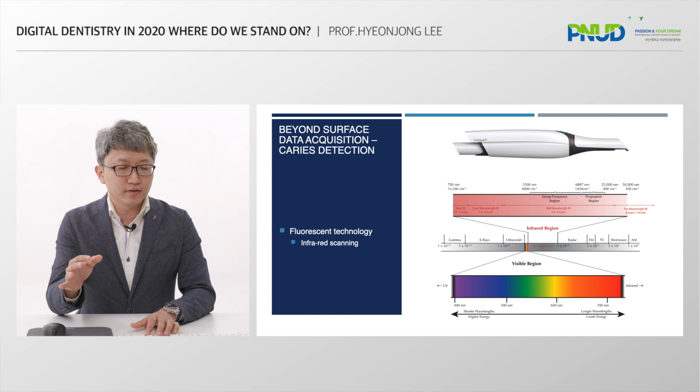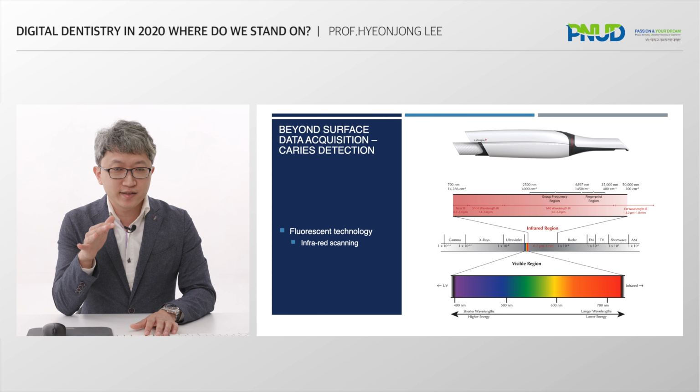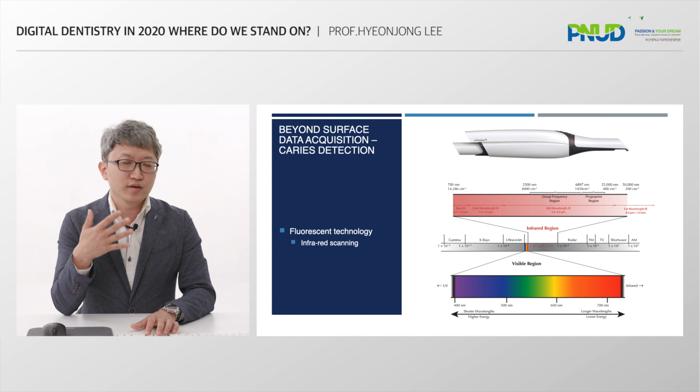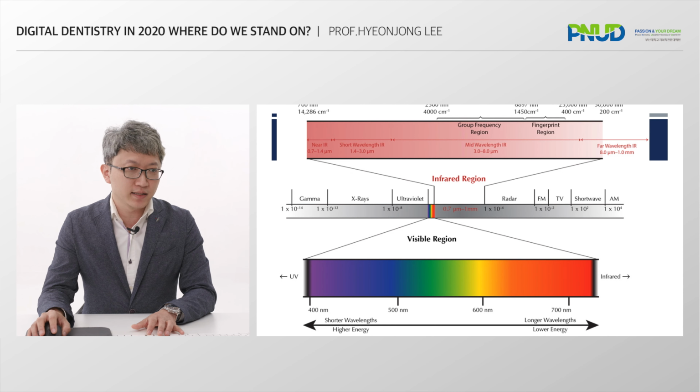And after a few years, I think we can penetrate the gingiva to scan the subgingival margin or to scan the alveolar bone, where the defect would be. Yes, it's really a key point of development of the intraoral scanner. Many other companies try to integrate this infrared light source.